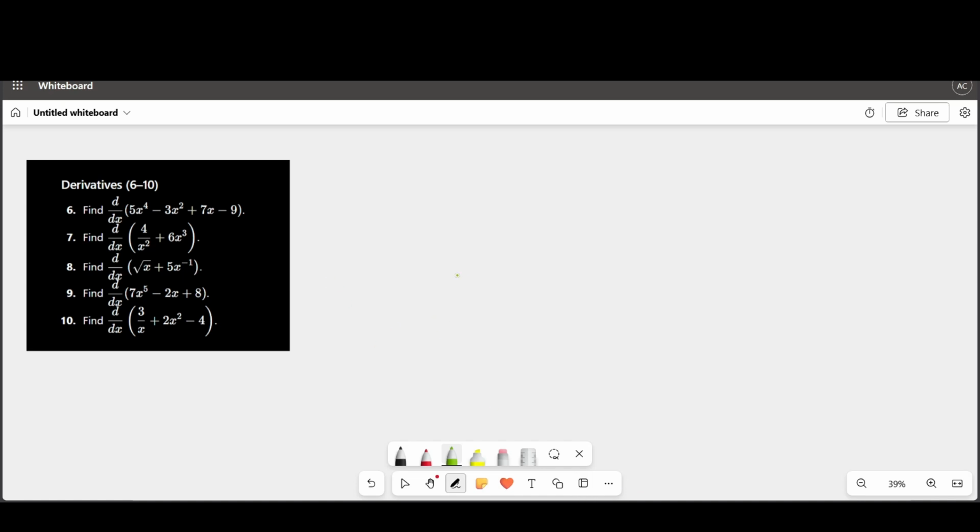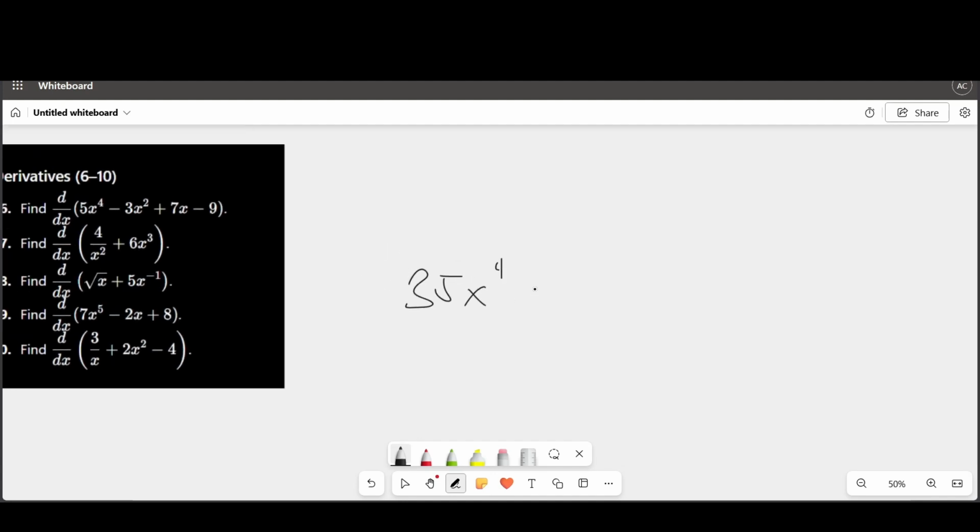So let's just finish this. 7 times 5 is equal to 35. 35x^4 minus 2. I think that's the correct answer.